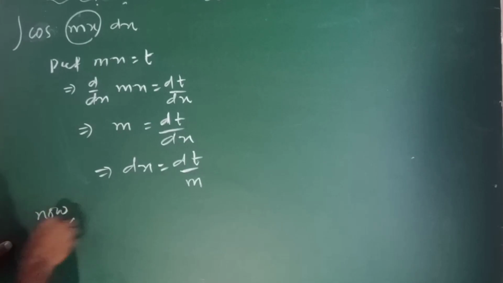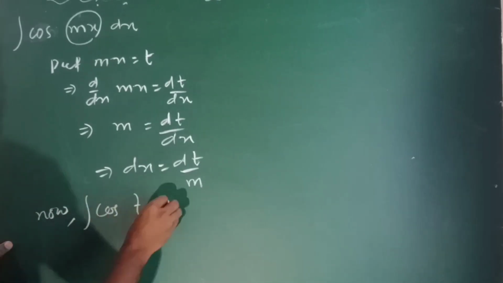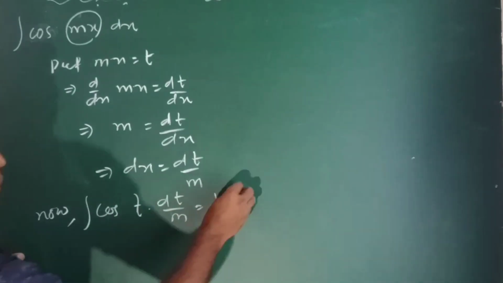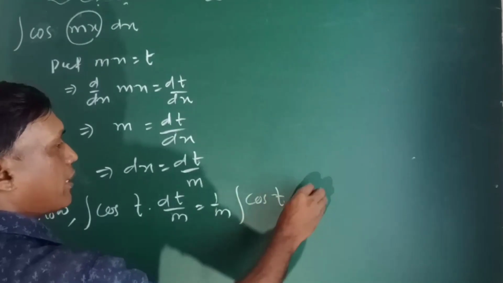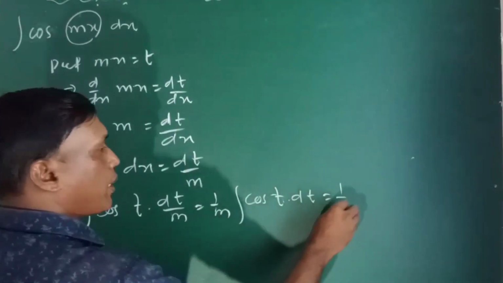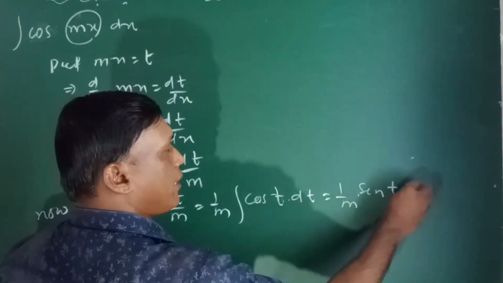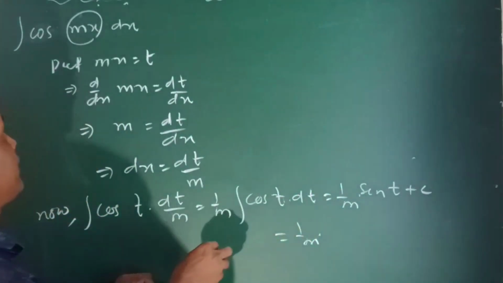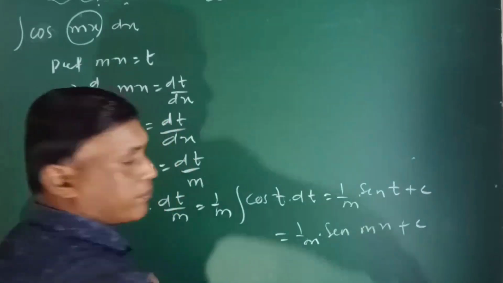Now we find the integration of cos t, with dx as dt by m, which is equal to 1 by m into the integration of cos t dt, which is 1 by m into sin t plus c. t is mx, so the answer is 1 by m sin mx plus c.